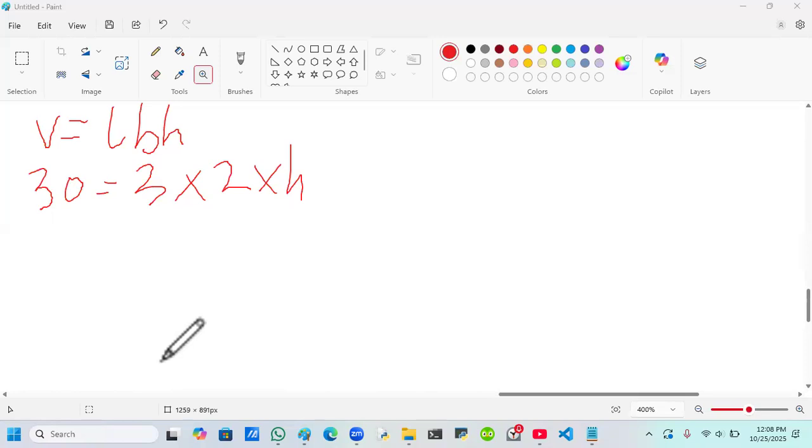Then I'll do 30 over 6, which is 5. Okay. So we divide both.